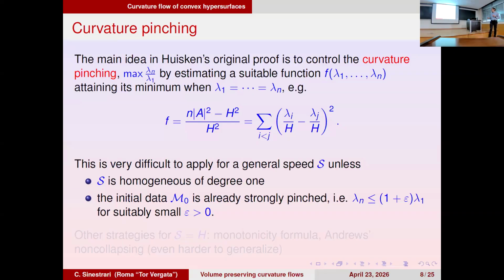So not just lambda 1 greater than 0, but lambda 1 greater than a certain amount of lambda n, which is suitably close to 1. In this spirit, for instance, there was a paper with Esther and myself on mean curvature, volume preserving powers of symmetric polynomials as a speed.